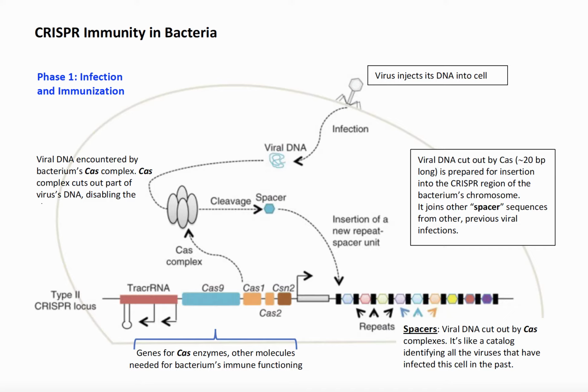So let's learn a little bit about how CRISPR works in nature with the bacteria that use the CRISPR system to help give them immunity against viral infections. And we have borrowed this technology from the bacteria.